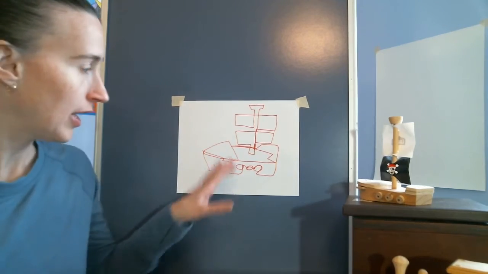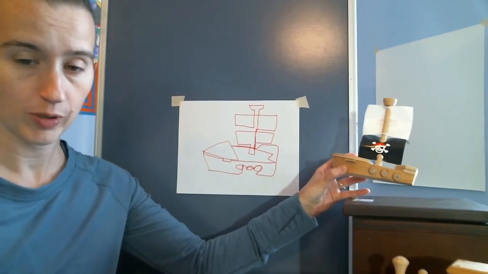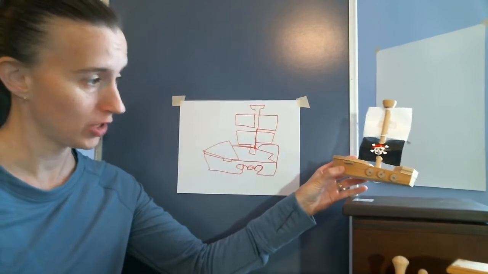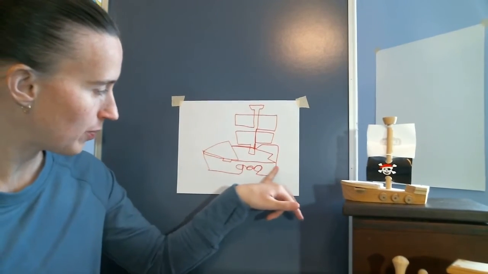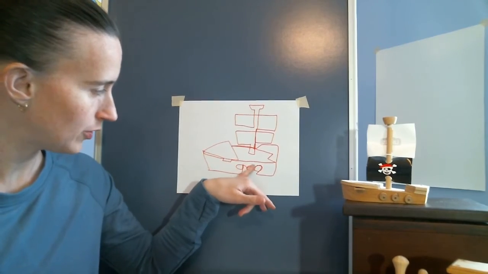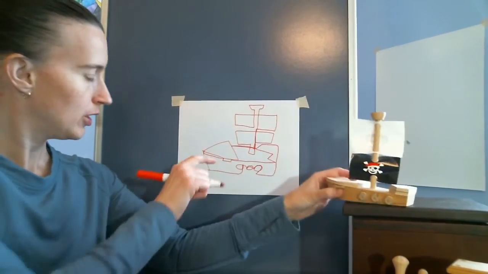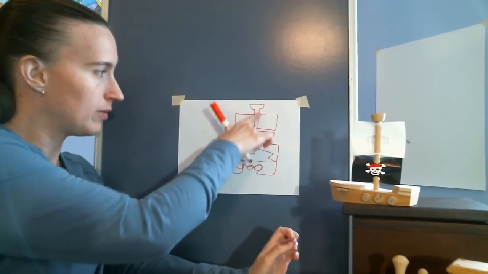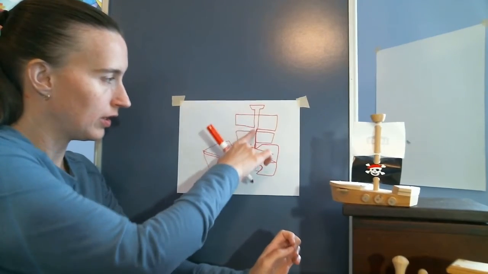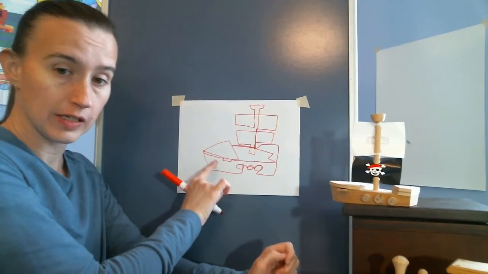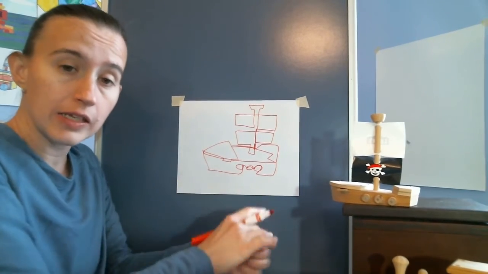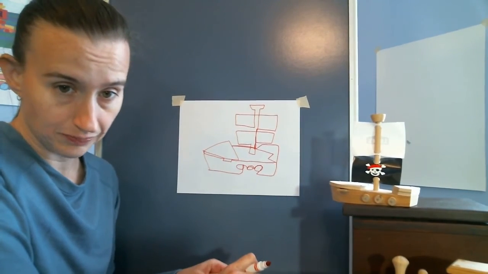Now, it is not a perfect replica of the ship, but you've got the outlines. You can see the bottom of the ship. You can see the little cannon holes. You can see where the plank was. You can see the mast and the sails. So you can see that this is some kind of sailboat. And that's the idea of contour drawings.